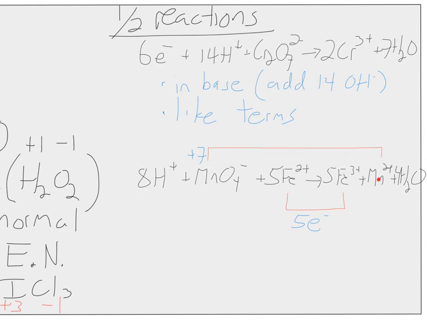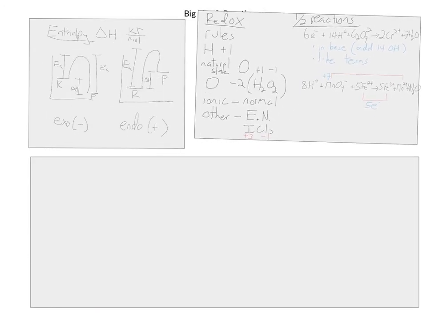So that's 5 electrons as well. Either way you wanted to do that, you could find 5 electrons. And we don't total those up. There are not 10 electrons being transferred. There are 5 electrons being transferred from the iron, which is being oxidized and losing electrons, to the manganese, which then accepts them. So we need to be able to deconstruct half reactions as well.